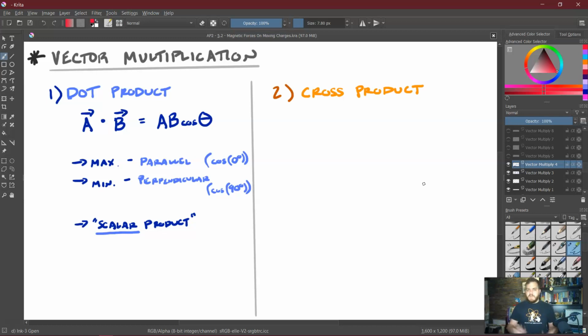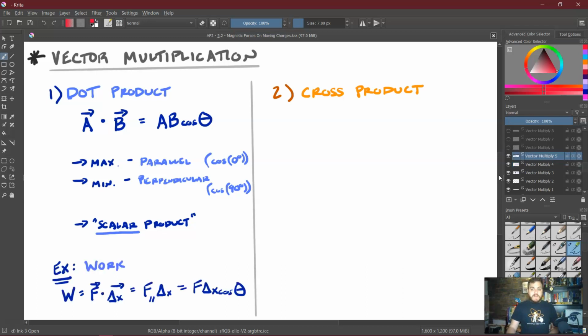It's a minimum value. And the dot product is often known as a scalar product, and the reason why is because we start with two vectors, A and B, and we actually end up with a scalar, because the magnitude of A times the magnitude of B times cosine theta, there's no vectors there, it just becomes a scalar, directionless value.